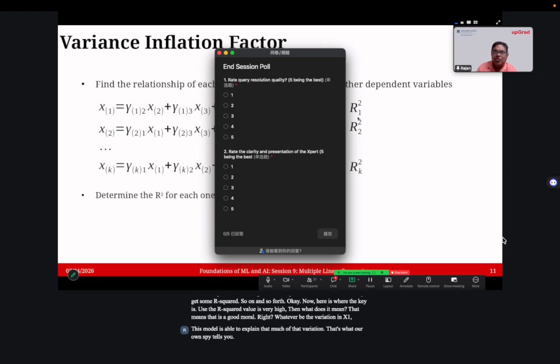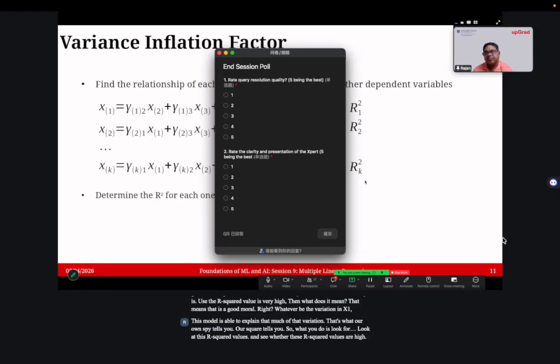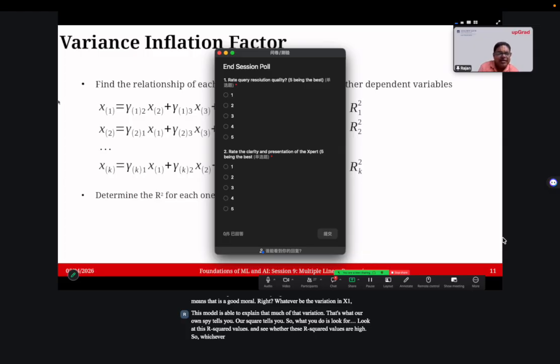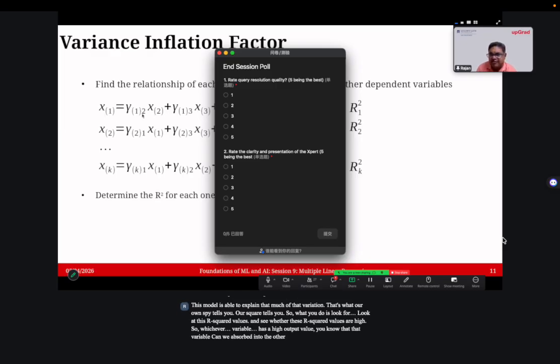So you look at these R squared values and see whether they are high. Whichever variable has a high R squared value, you know that that variable can be absorbed into the other variables. Therefore, drop that variable from the model. That is the idea. Very simple idea, right?